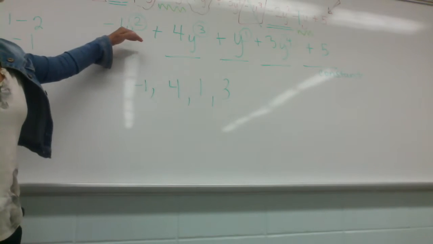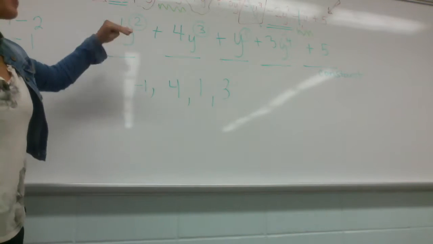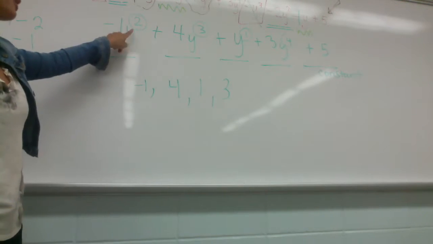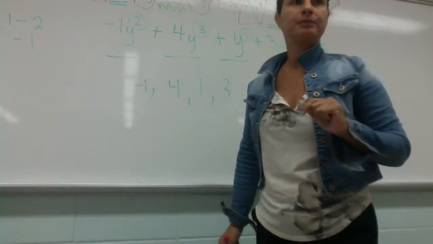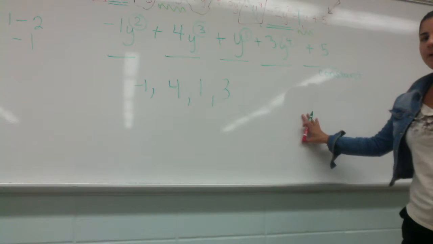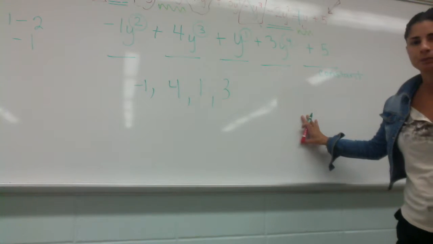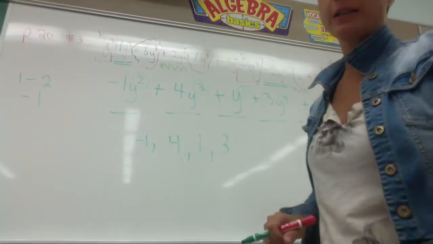Yes? Still with me? All this is going to help us for our quiz in 10 minutes. And if I ask you for the degree, you would say 2 plus 3 plus 1 plus 4 is the degree. Any questions about that? No? Okay. Perfect. So I'm going to put that like this.